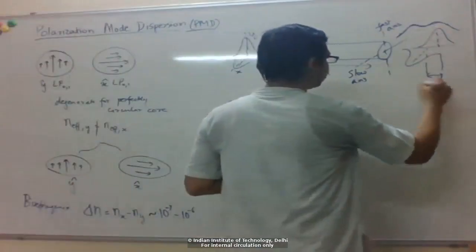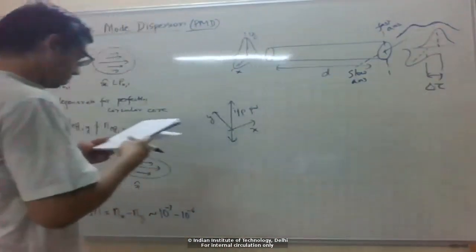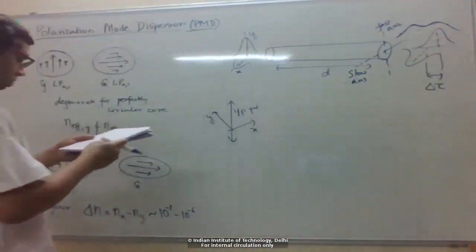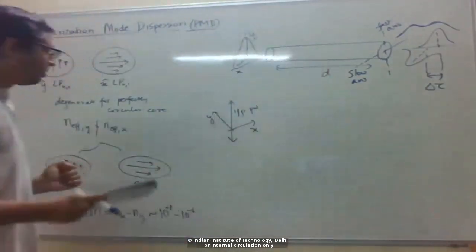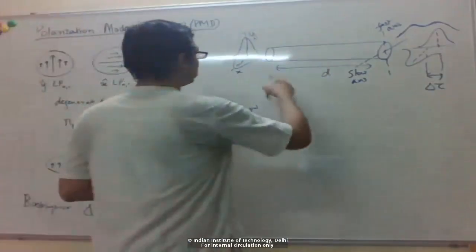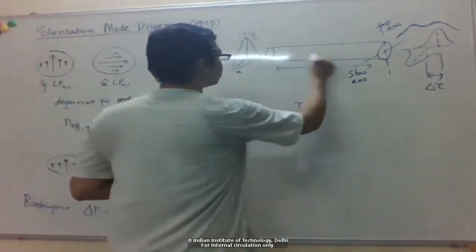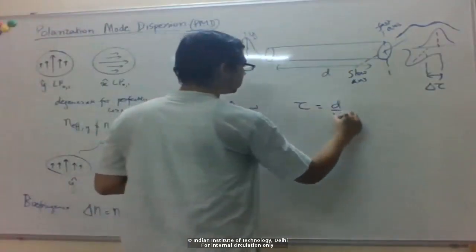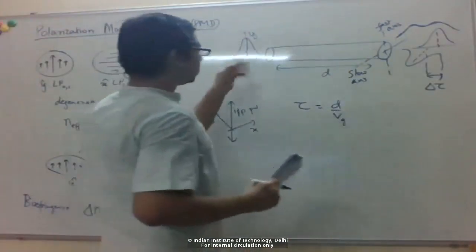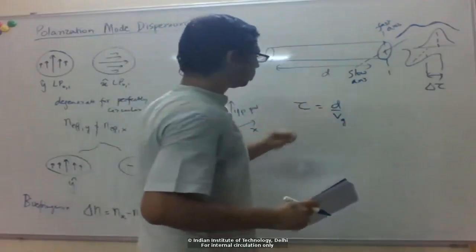So this relative delay, delta tau, what will that be in terms of the birefringence? The propagation time, let's say for each component, is the distance divided by the group velocity.